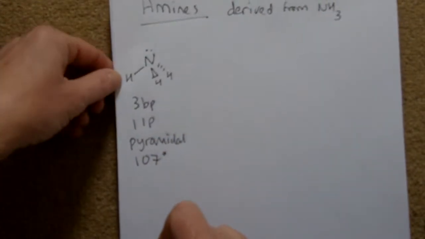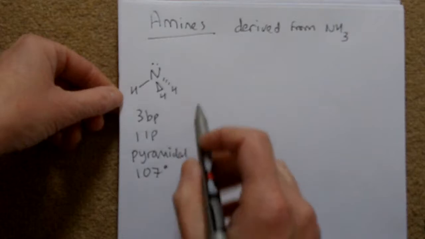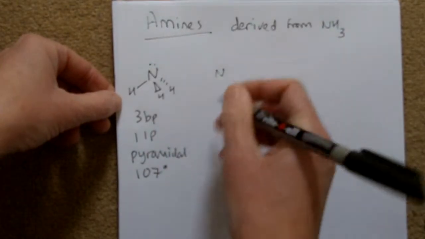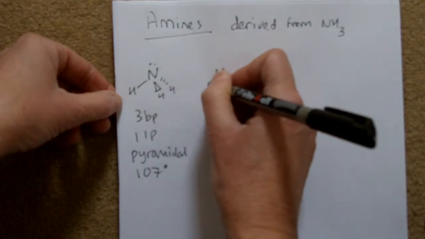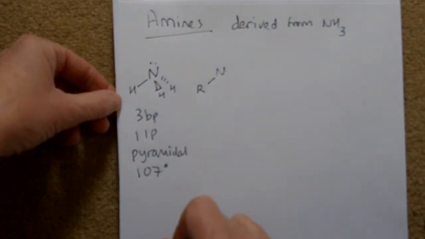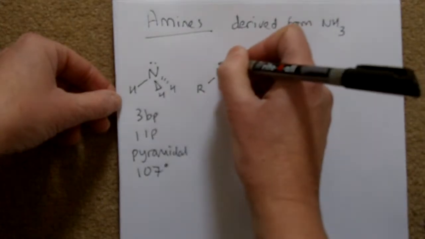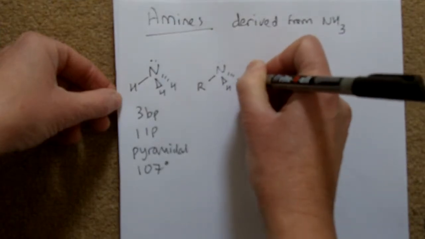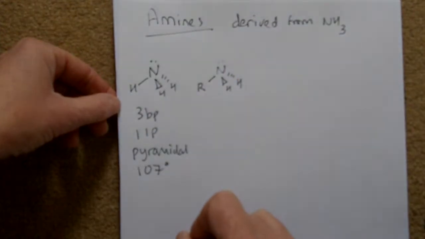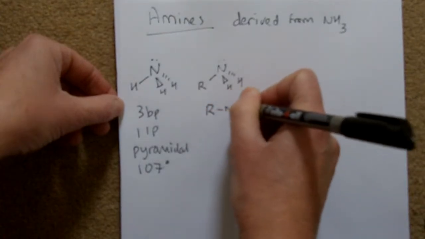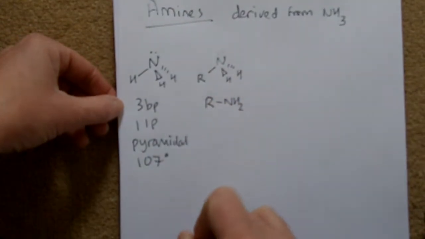Okay, so if amines are derived from ammonia, all you need to do is take your ammonia, and we're going to replace one of the hydrogens with an R group. When we say R group, we mean an alkyl group. Then the 2 hydrogens are still there, so it'll be RNH2.